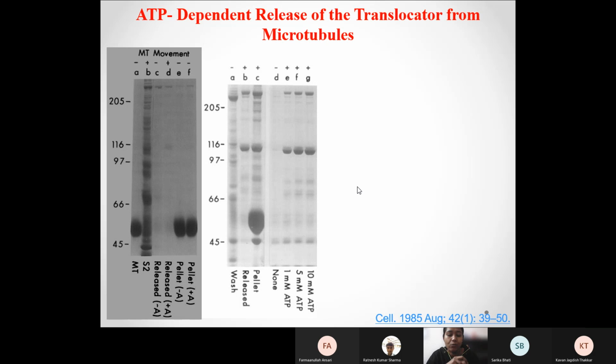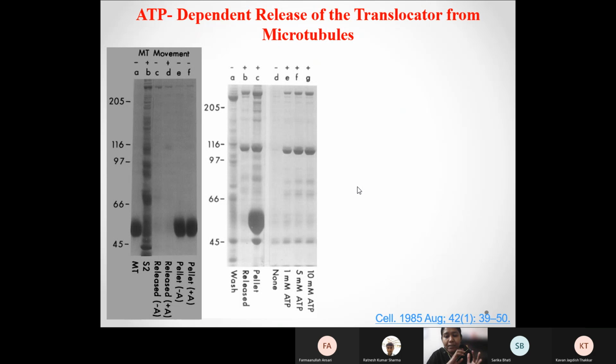So one of the first things they noticed was that when you have microtubules and you have these beads moving on the microtubules with the cell-free extract, if the cell-free extract was pre-treated for a very short time with this non-hydrolyzable ATP analog, it increased the binding of the beads to the microtubule. But of course, because it was non-hydrolyzable, there was no movement of the beads, but it increased the binding.